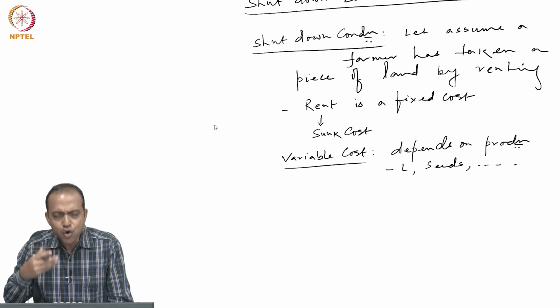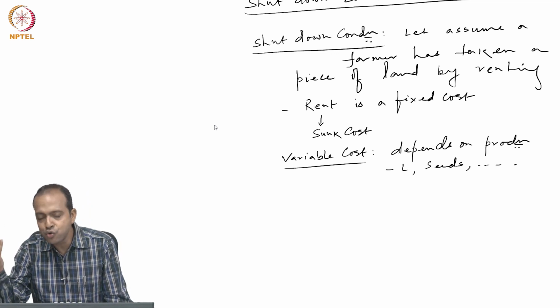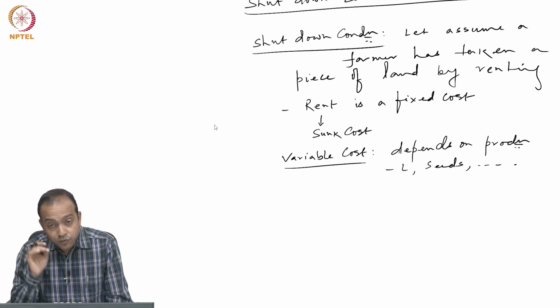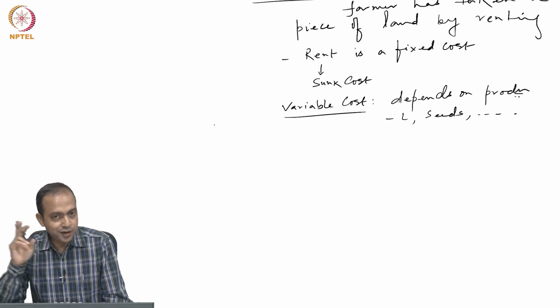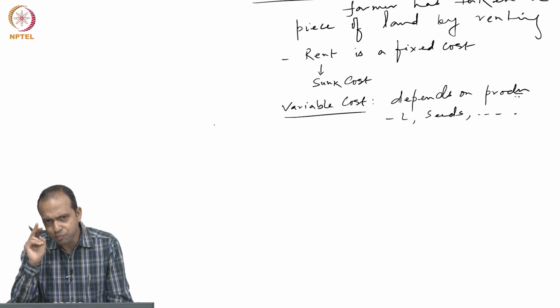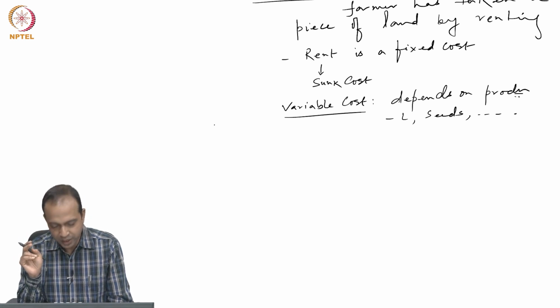And these are all called variable cost, because it varies with the amount of output that the farmer is going to produce. Now, the farmer is deciding whether to produce or not, and in economics, as I told you earlier, all the decisions are based on cost and benefit, right.